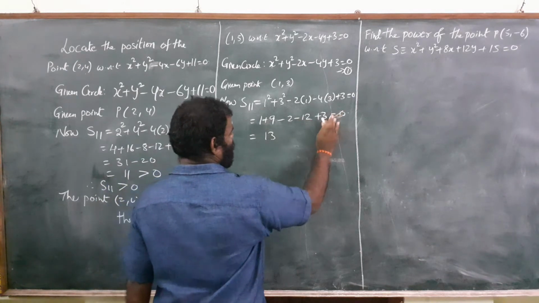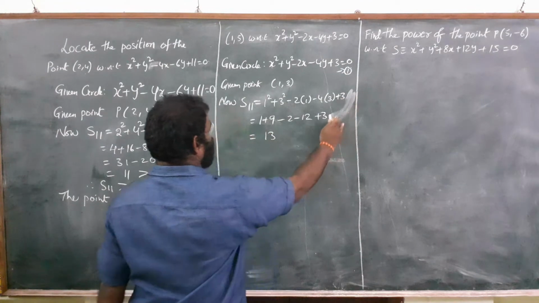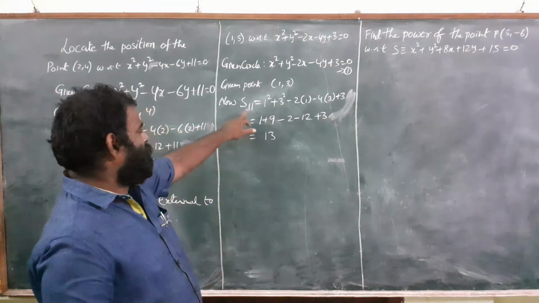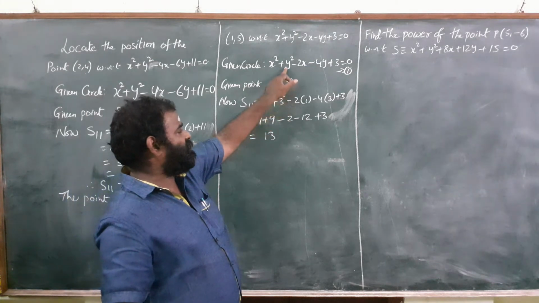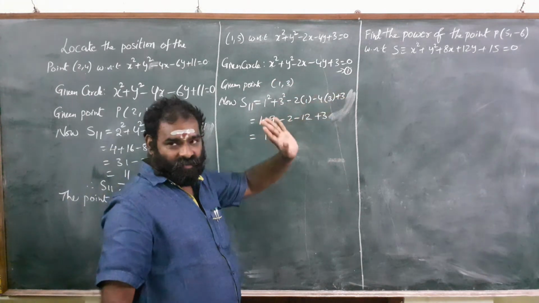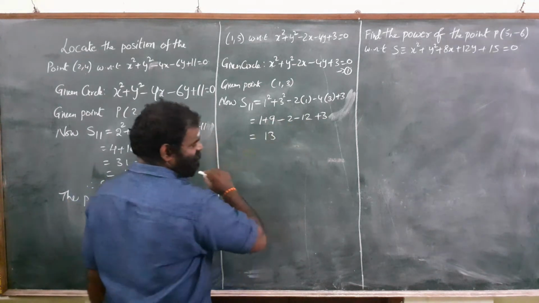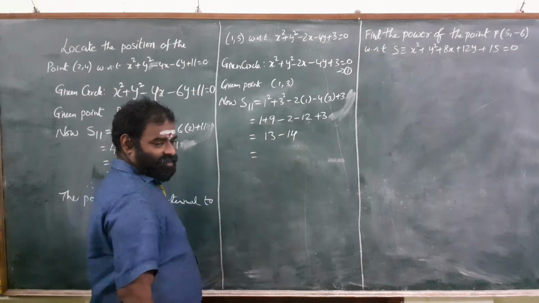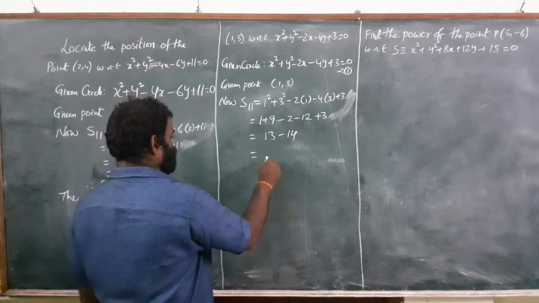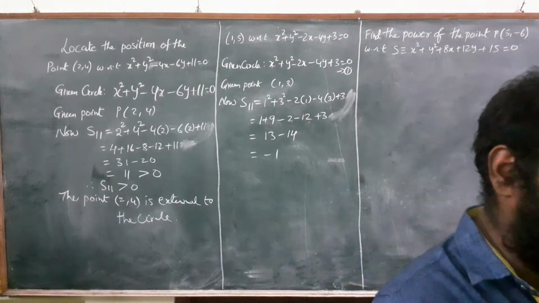There is no need to write 0 here. You have to observe clearly: S11 means you substitute this point in this circle. Minus 2 minus 12 is minus 14. 13 minus 14 is nothing but minus 1. What you get here is minus 1.